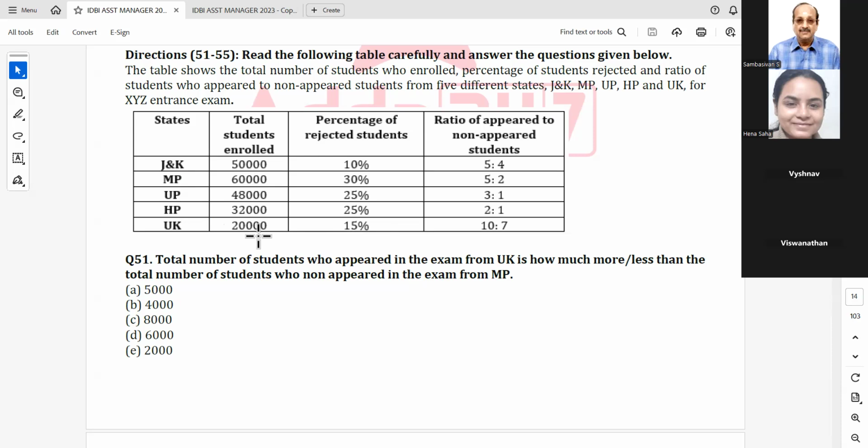In that we have to reduce 25%, sir. No. For UK, you took 20,000 as it is and not bothered about this 15%. Why? Sir, they have given us total students enrolled only, sir. They didn't give us total students appeared in the question. So we have to take 48 only, correct?